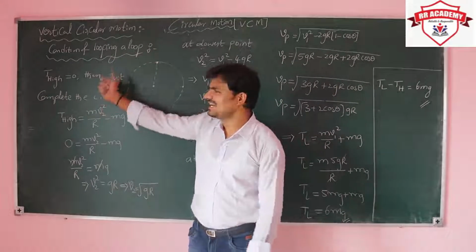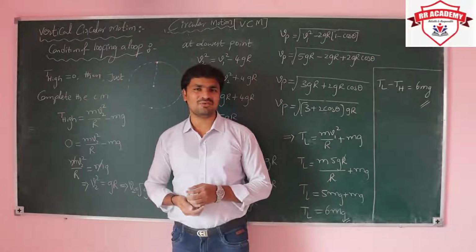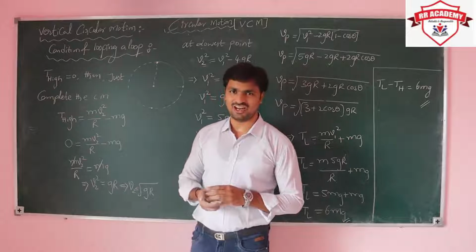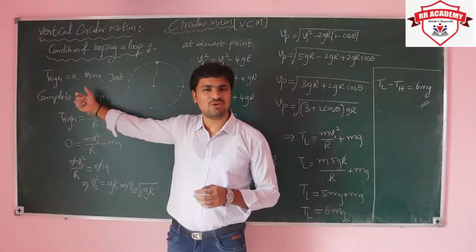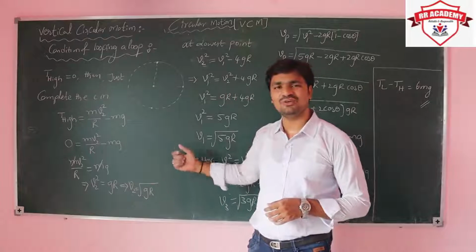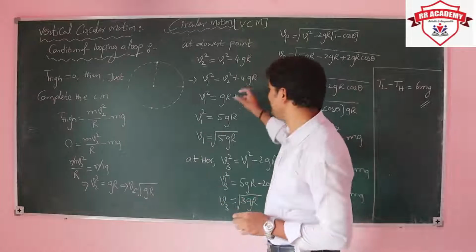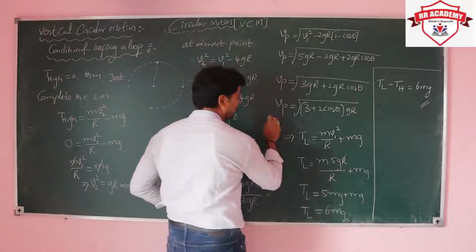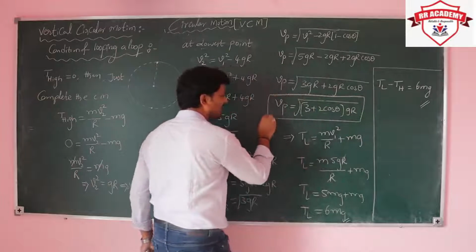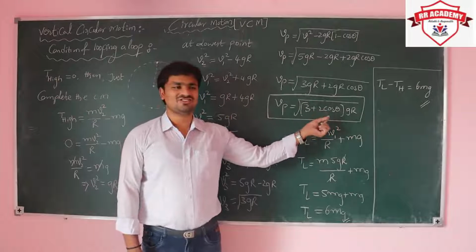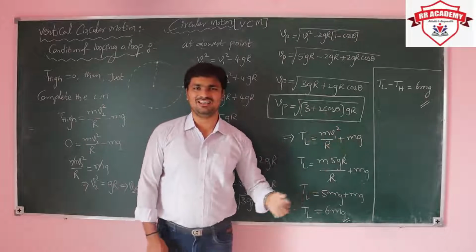This is simply the critical condition, which means the body is just able to continue the circular motion. At that time the velocity at the highest point is root gr and the velocity at the lowest point is under root 5gr. The velocity at different points can be calculated using this formula; you can put cos theta wherever you want to get the velocity at any point.